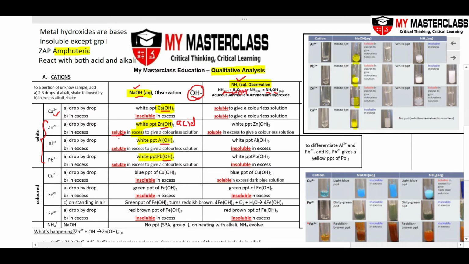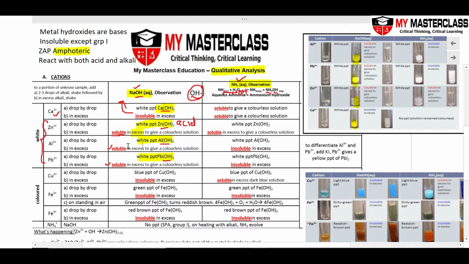That's why it is soluble. So my amphoteric ones are all soluble in excess alkali. Since my calcium is the only one that's insoluble in excess NaOH, I can identify Ca as the only one that is insoluble in excess NaOH.